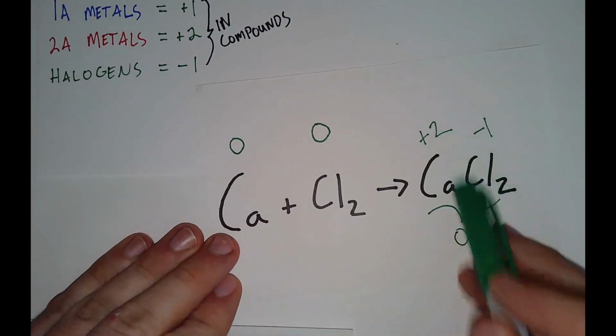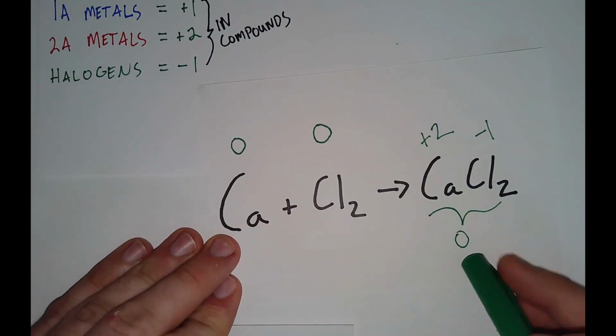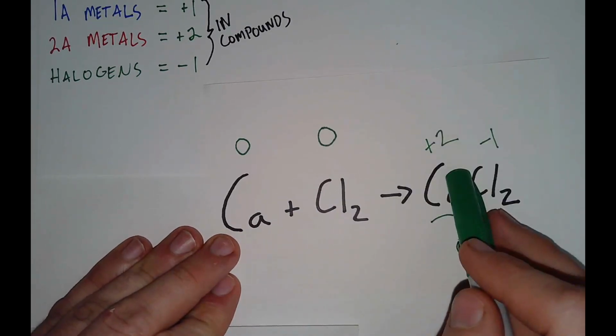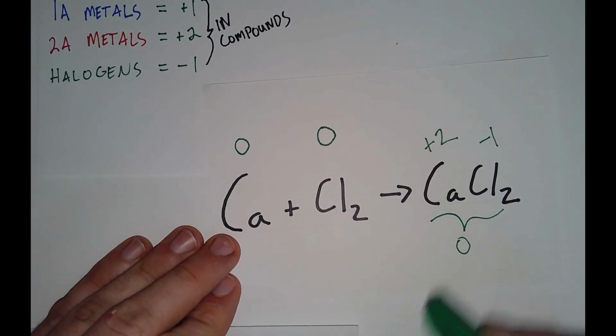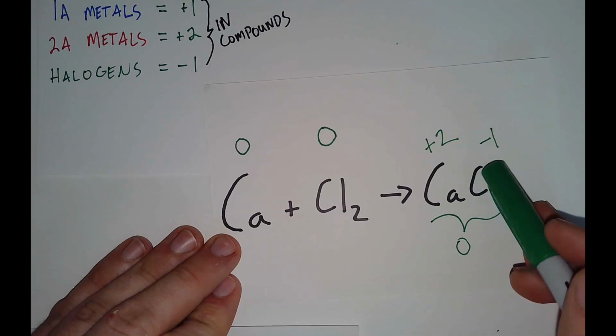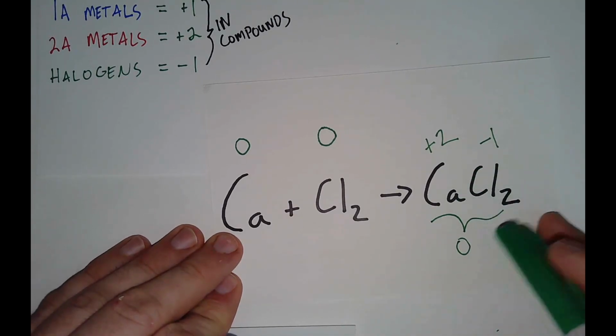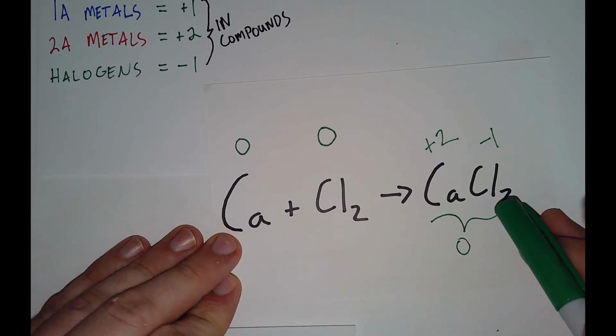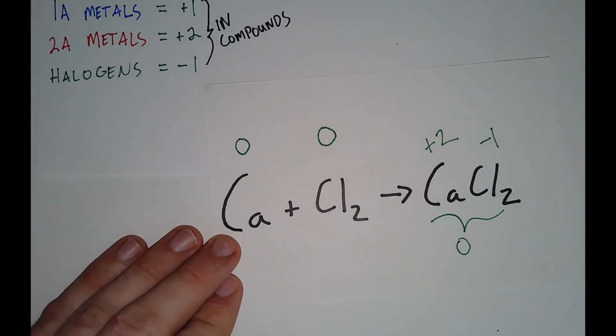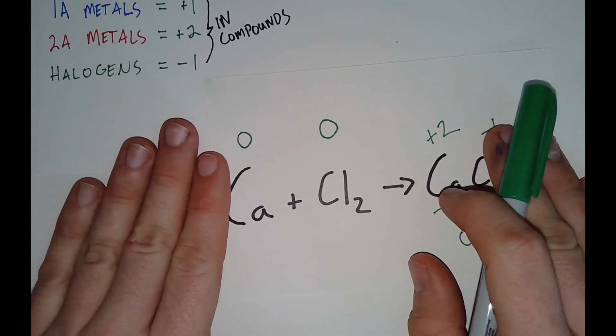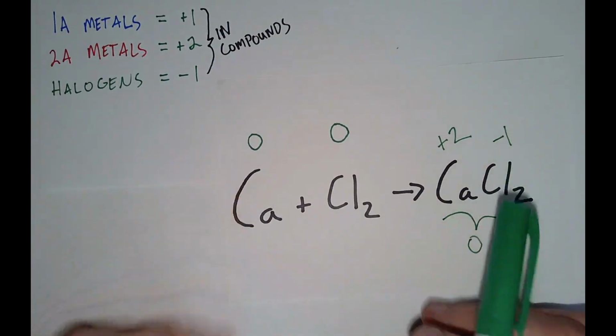So yes, these things don't add up to 0 how I've written it, but they do add up to 0 for the molecule. I know that's a little tricky, but again, what we want to do is talk about the individual atoms, not the overall piece, if that makes sense. So this would be the correct answer here. You'll get lots of practice with this on your homework tomorrow, I promise. And it will make more sense as you do it.